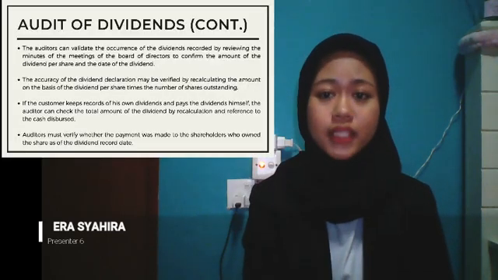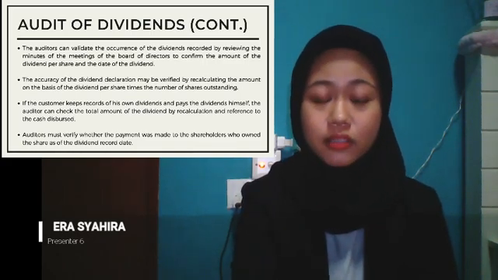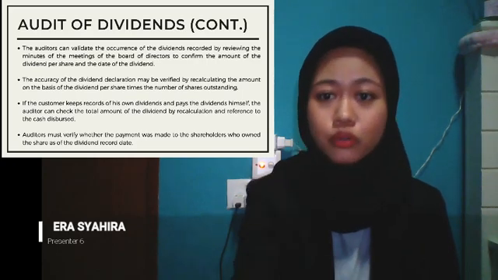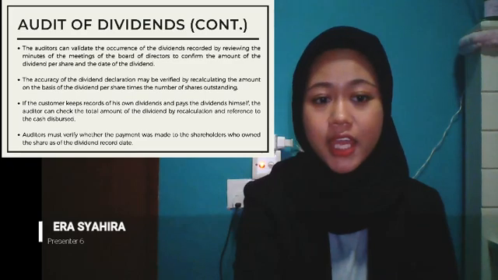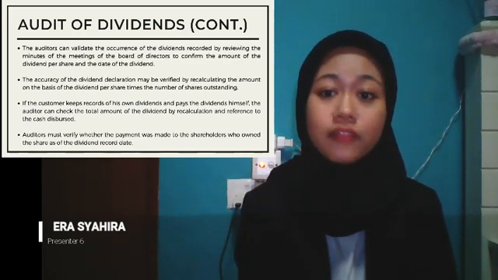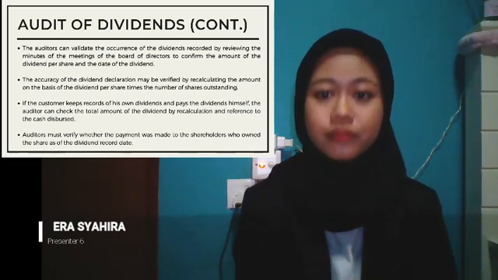Auditors can validate the occurrence of dividends recorded by reviewing the minutes of the meetings of the board of directors to confirm the amount of the dividend per share and the date of the dividend, or to verify that the dividend was authorized.